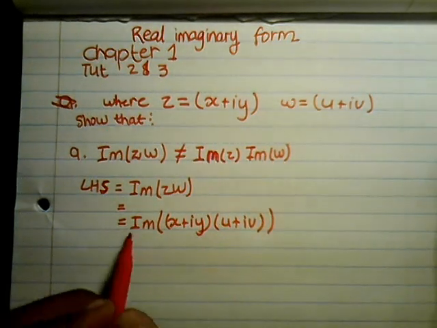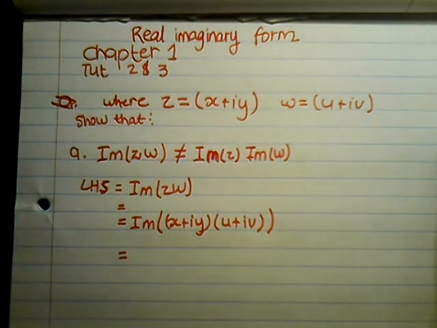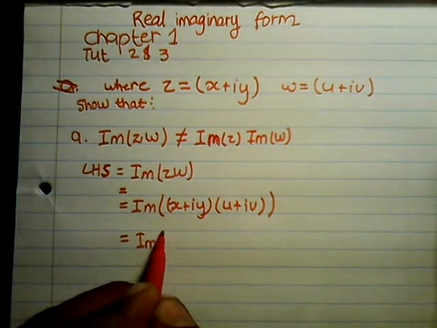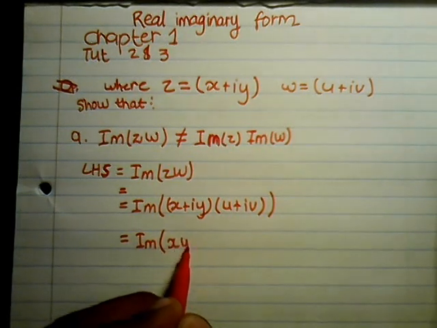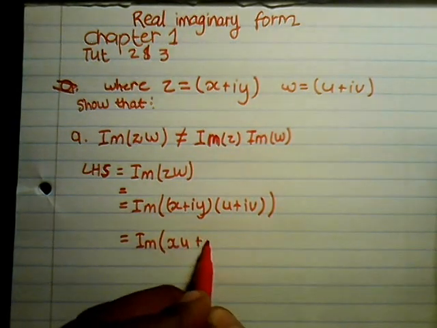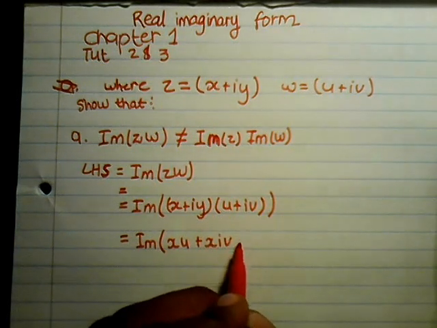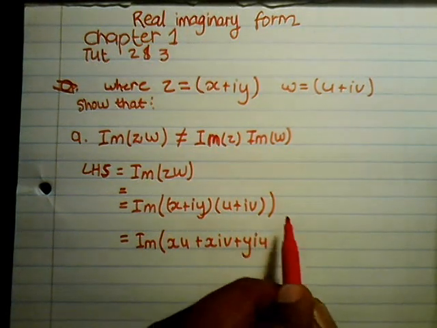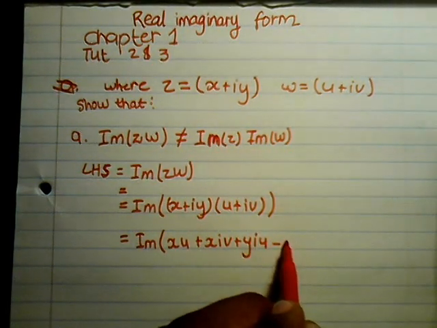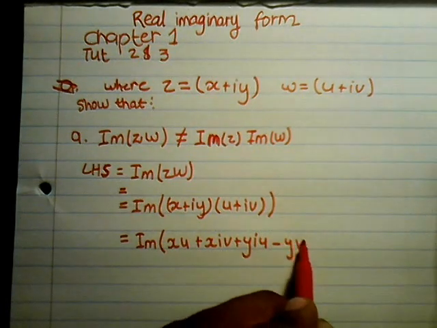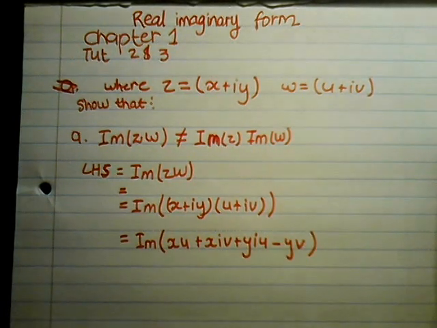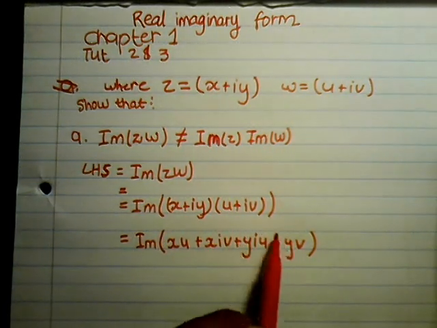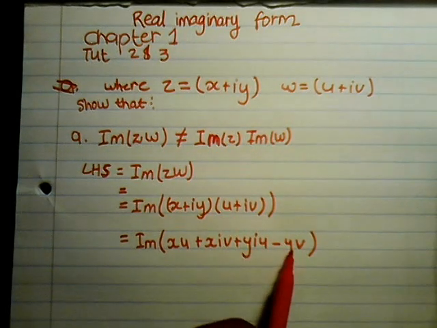When we do the whole multiplication, we get something like Im of xu plus xiv plus yiu minus yv. I hope you are aware of what I'm doing. It's just simple multiplication of brackets. And here you should remember that i squared is equal to minus 1.